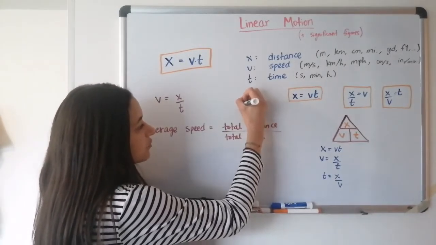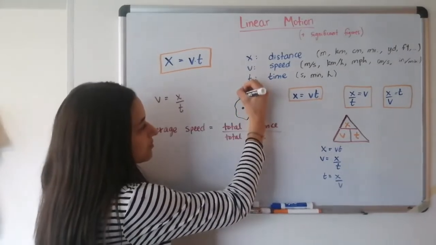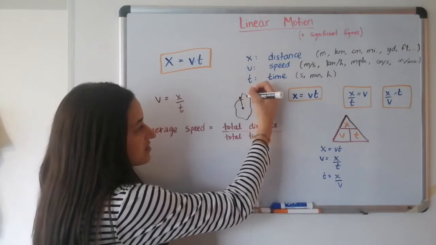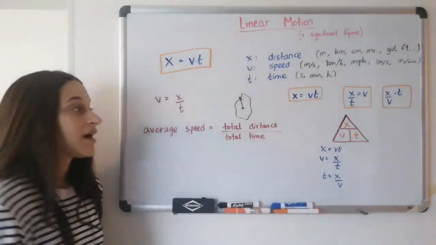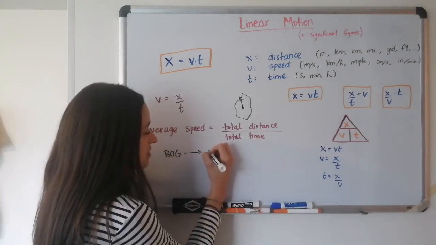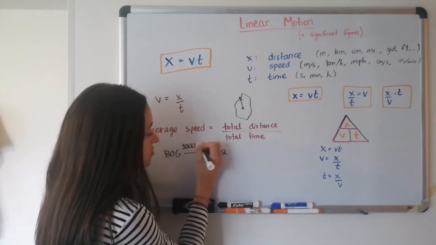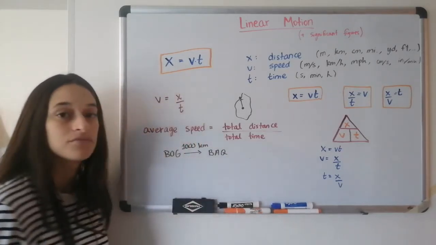So Bogota is somewhere over here in the middle of our beautiful country, which I don't know how to draw, and you want to go to Barranquilla. So it's this. And between Bogota and Barranquilla, there are 1,000 kilometers. This is the truth.